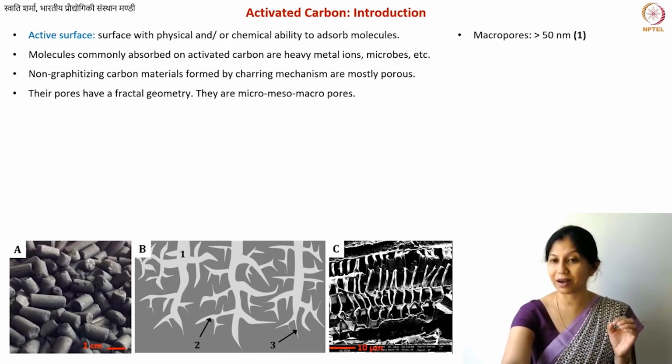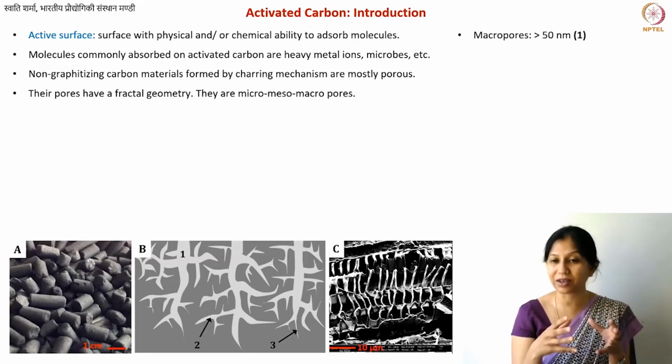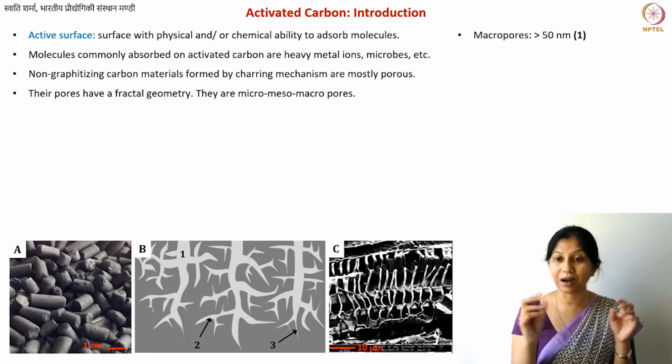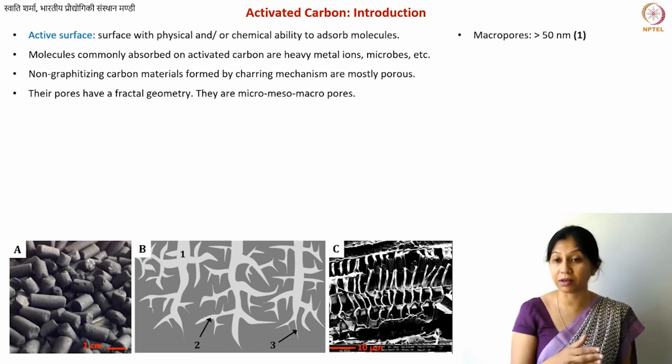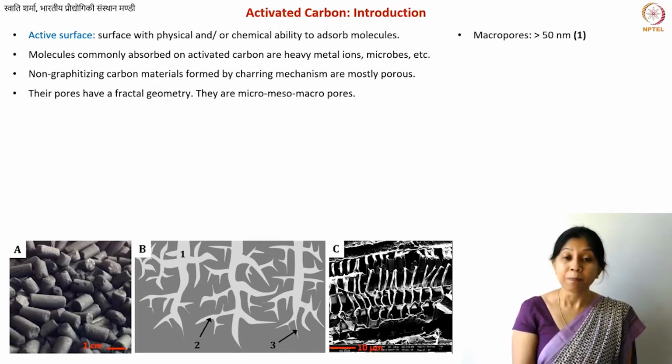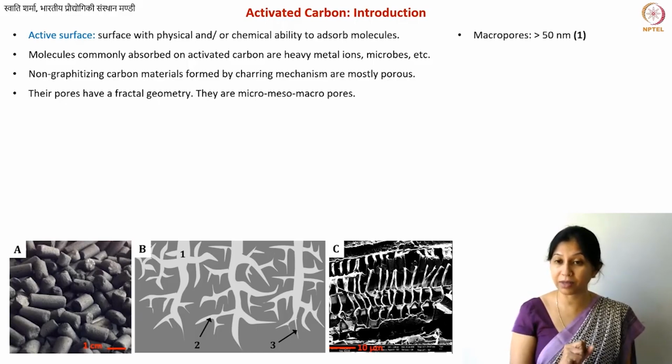Actually, when we talk about porosity, we are mostly talking about pores that are in the nanometer scale. Okay, macropores, however, the largest ones, if something you can see on a carbon material or you can observe in a standard optical microscope, those things would be definitely larger than 50 nanometer.